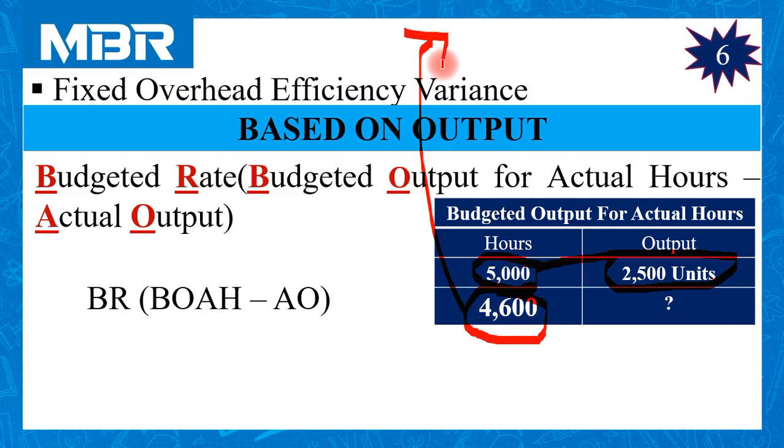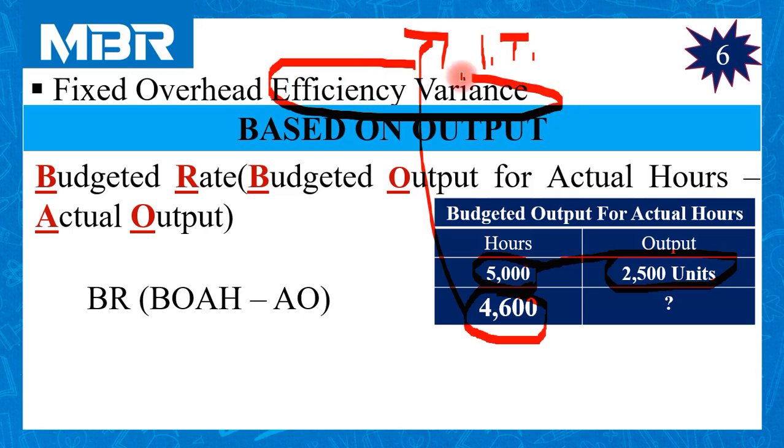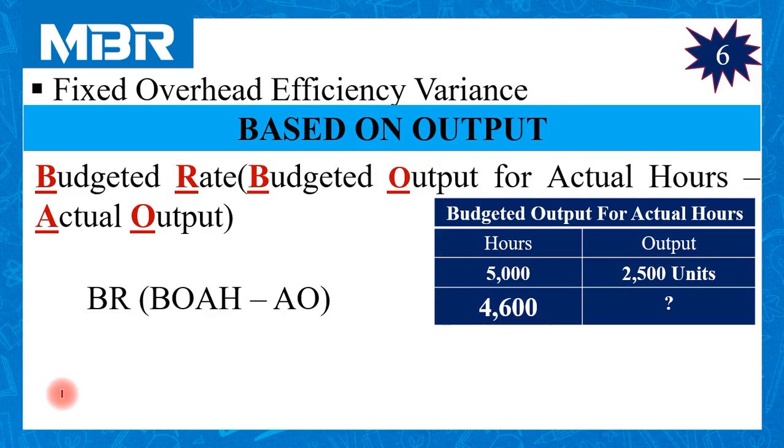Don't forget, when IT is given at the time of efficiency variance, we need to consider only productive hours, and productive hours are 4,600, that is 5,100 minus 500 IT. So based on 4,600, you can easily calculate 4,600 multiplied by 2,500 divided by 5,000.